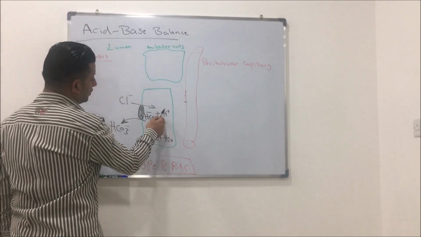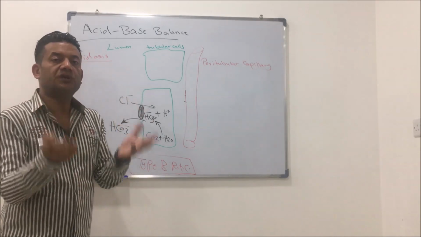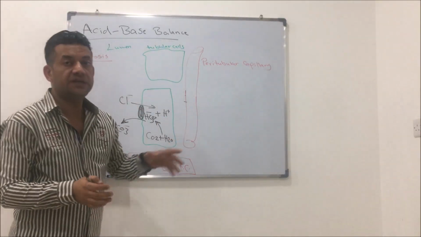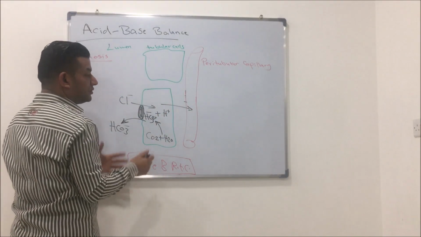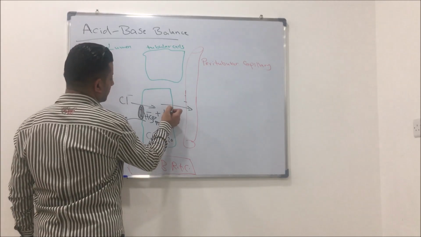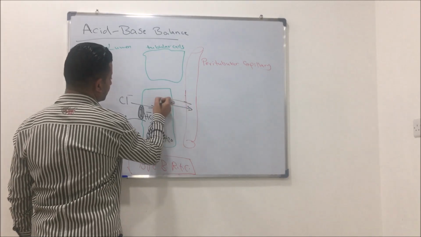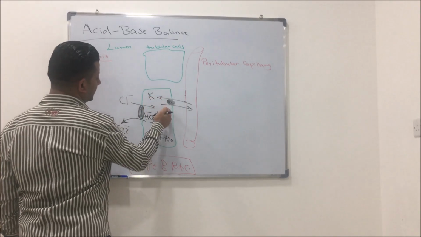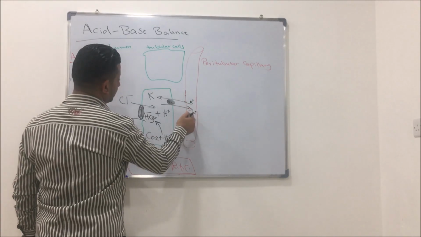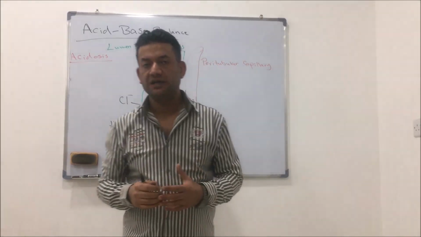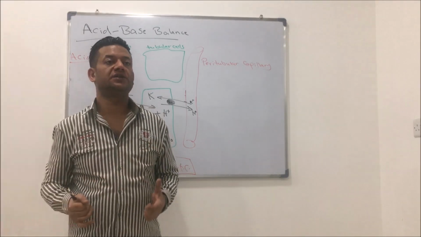And H ion will be transported to the peritubular capillaries in an attempt to increase the concentration of H ion in the blood. And H ion will be transported here by hydrogen pump or also as exchange with potassium, the hydrogen potassium exchanger, and now hydrogen ions will be transported to the peritubular capillaries to counter the decrease in hydrogen ion concentration within the blood.